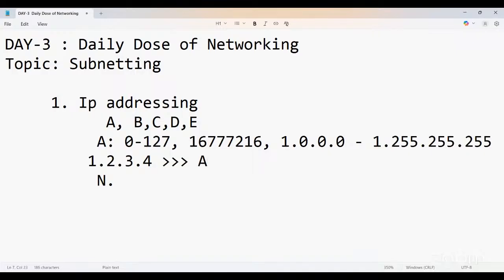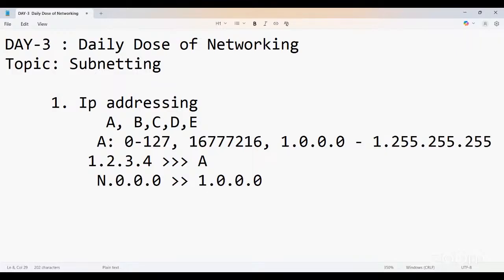In order to calculate the network ID, you just need to follow the same pattern: put your first octet as it is and make all the host part 0. So the answer to the question is 1.0.0.0. That is the network it belongs to.